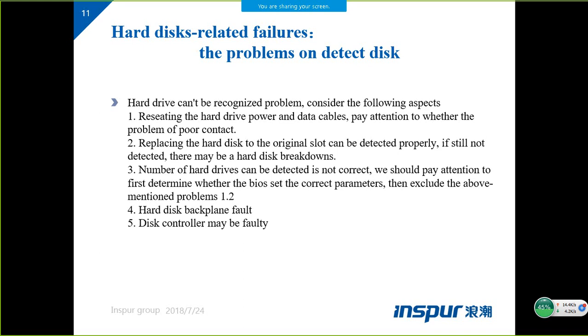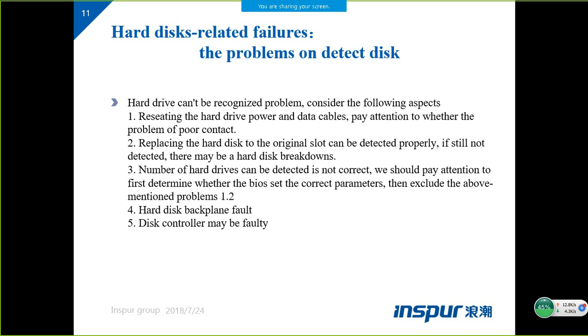And okay, next, the third phenomenon is number. Actually, the order or the sequence or number of the hard drive detected is not correct in the RAID card. So what's that? Maybe there is something wrong with the BIOS of the RAID card or the firmware of the hard drive.